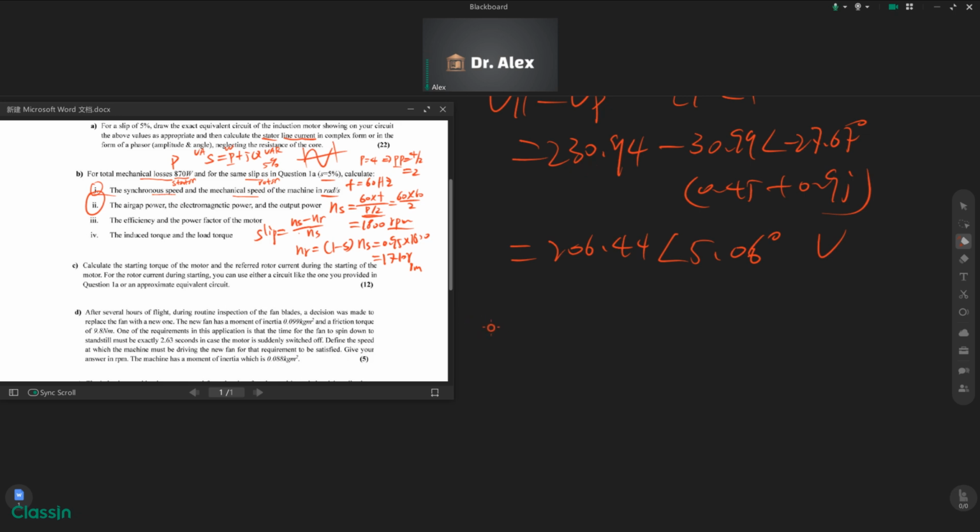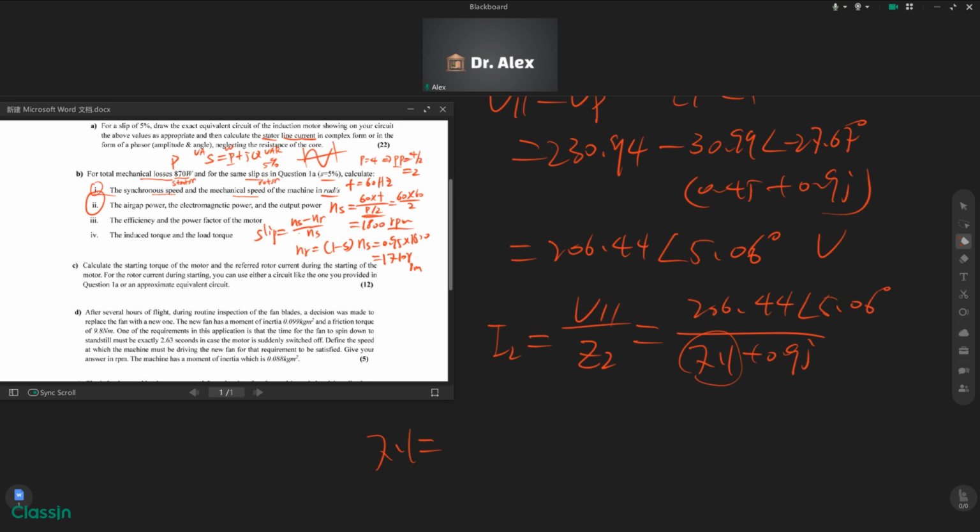All right, now we have the voltage. Now we will calculate the current, which is V parallel divided by Z2, which is 201.44 divided by 7.1 plus 0.9j. Be careful, this is 7.1. What does 7.1 equal?